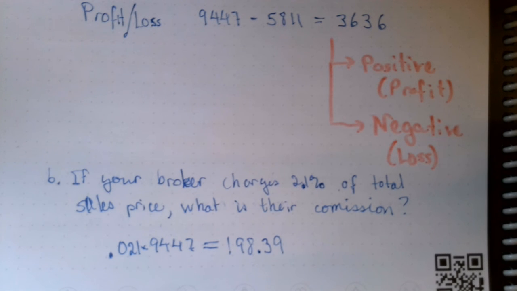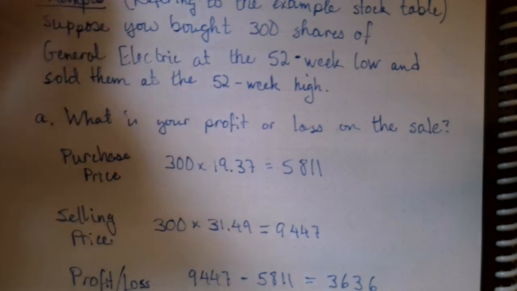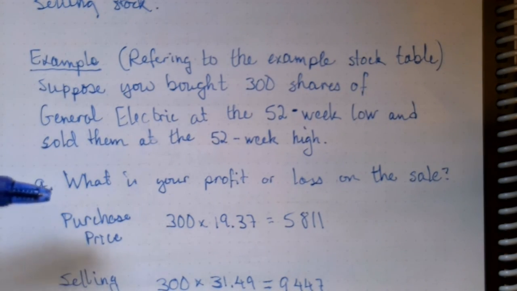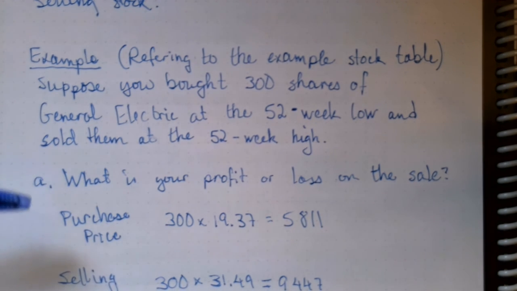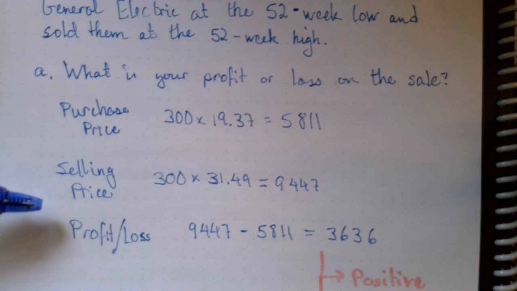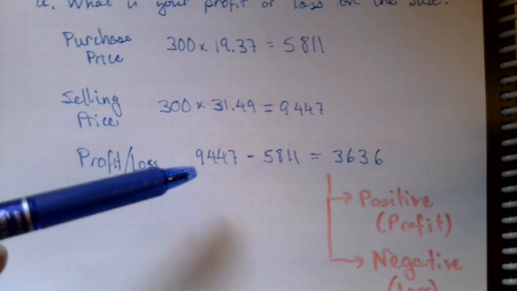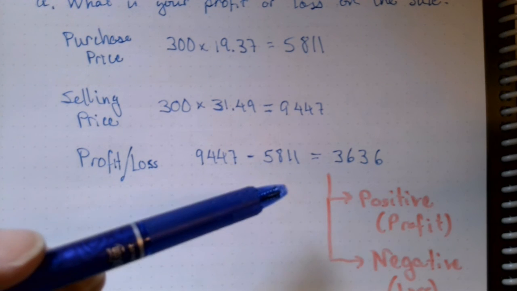Your broker is the person who would arrange the sale of stock through the stock market. Typically that's the way you'll always have to go when you're buying or selling stock. So if you're looking at the profit or loss from sale of stock, what you need to do is calculate your purchase price and your selling price, and then take the difference. You always have to take selling price minus purchase price.